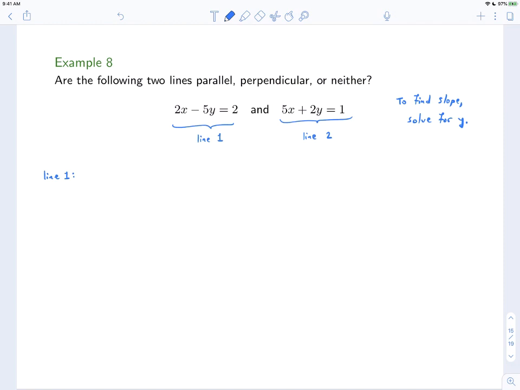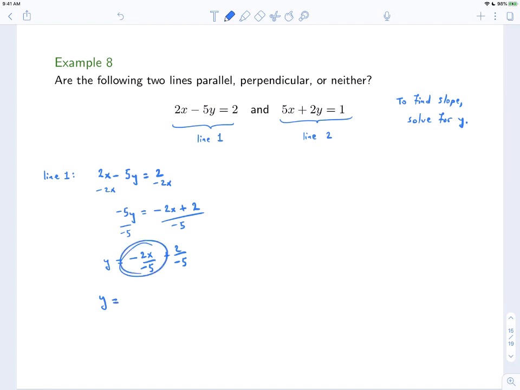So we start with 2x minus 5y equals 2, and we're going to solve for y. We subtract 2x from both sides. Then we have minus 5y is equal to minus 2x plus 2. And now we just divide both sides by minus 5. On the left, we have y is equal to minus 2x over -5 plus 2 over -5.